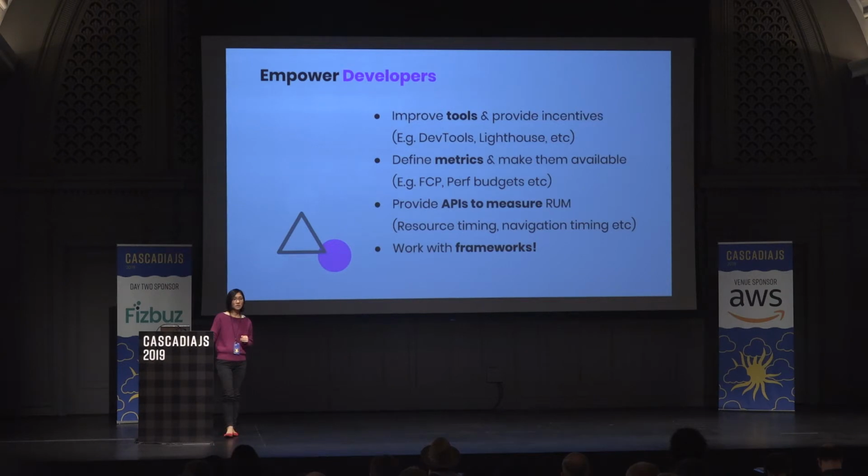Or we define metrics like First Contentful Paint and make them available everywhere, like in DevTools, in every type of console, and also in APIs, like the Performance API. Today, frameworks also dominate how the web works, so we try to work closely with many frameworks so that we can collaborate more.